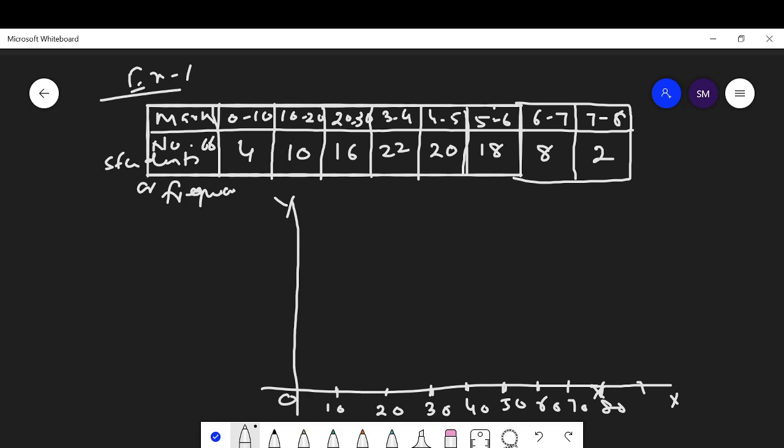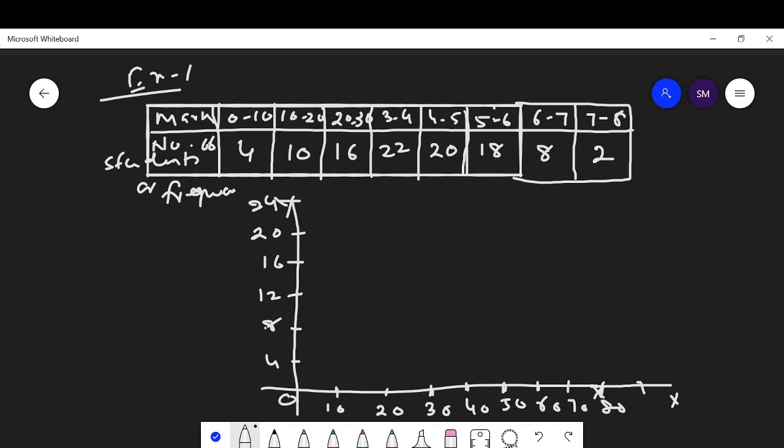Here for the y-axis you take 0, then 4, then 8, then 12, then 16, then 20, then next 24, in this way. Then you have to represent this in a histogram.